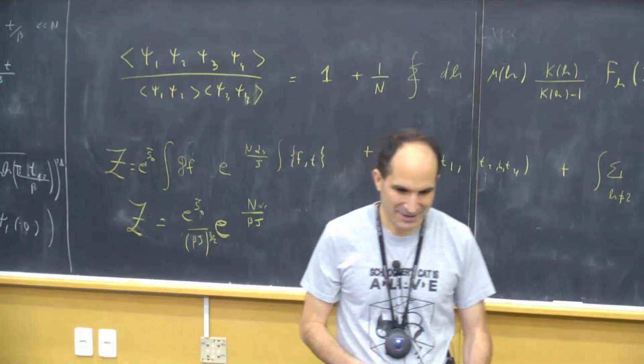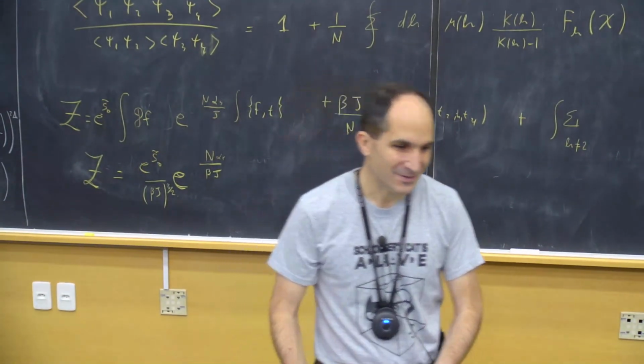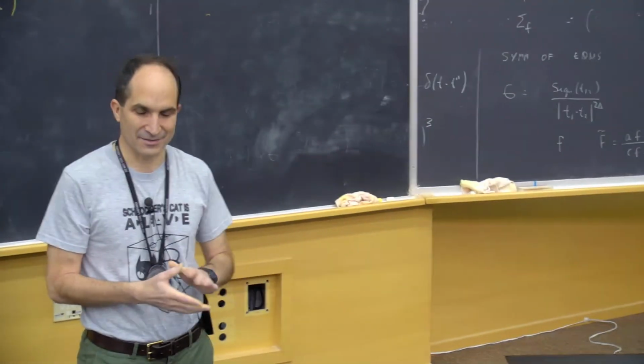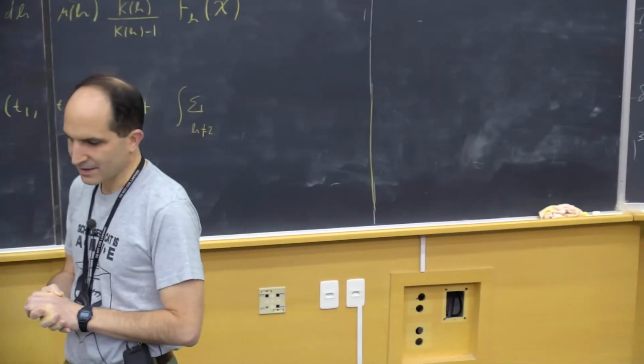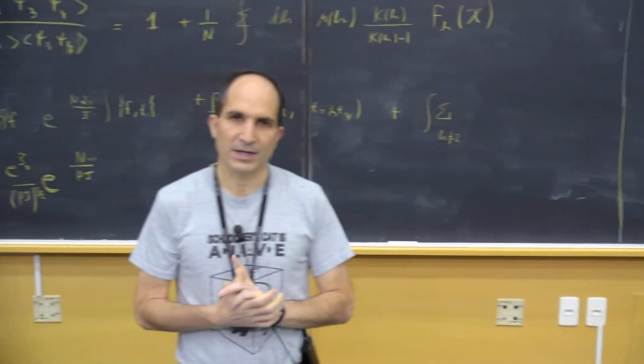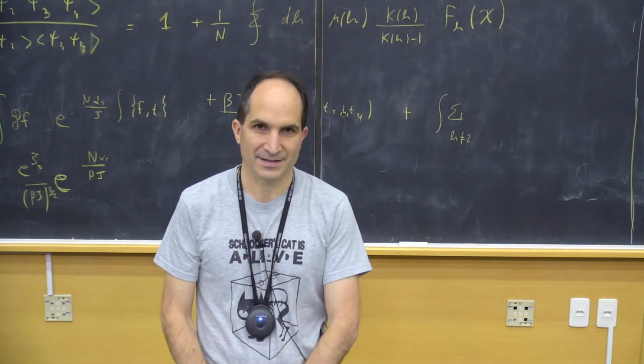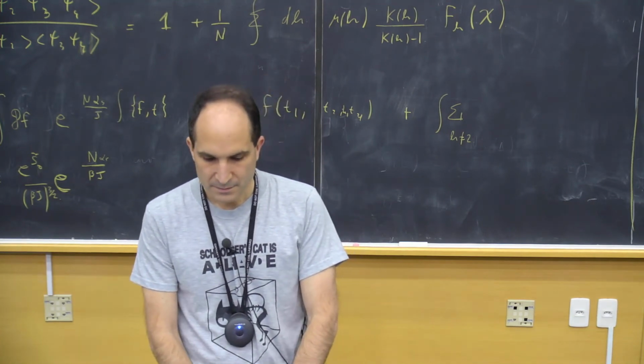Let me say what the first lecture was about. As I said, the first lecture was about a new type of large N limit. This lecture is about taking a quantum mechanical system that develops a scaling symmetry at low energies.